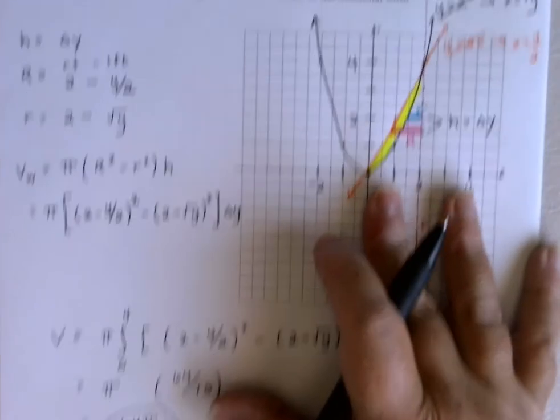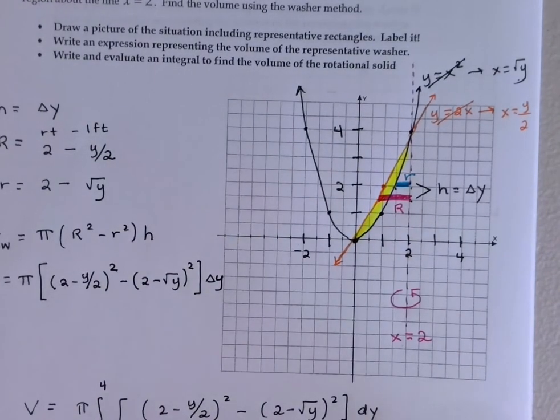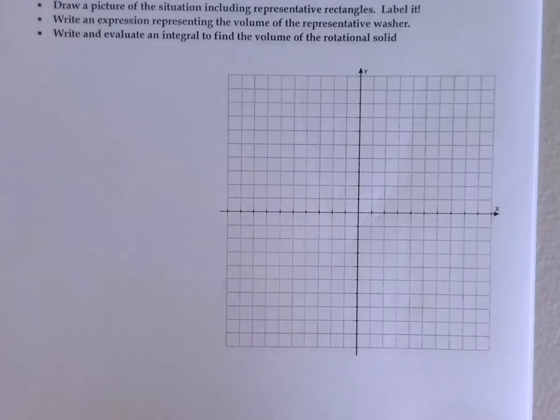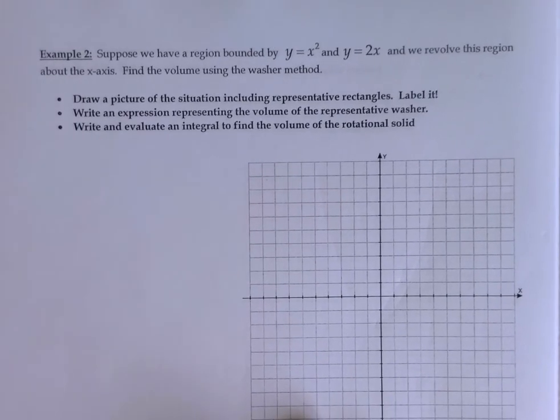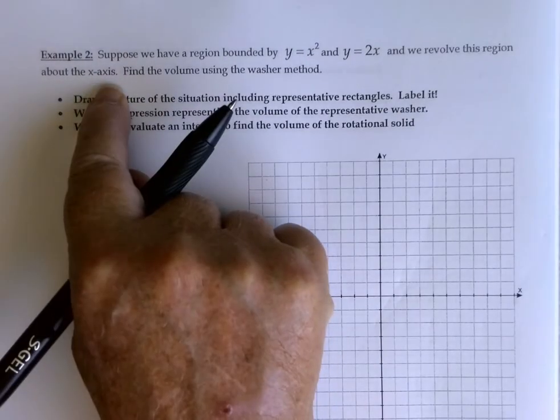All right. Apologize, I'm probably going to make you sick of this shape, but we're going to stick with it for another problem or two. In the next problem, we once again have our same region bounded by y equals x squared and y equals 2x. But this time, we're going to revolve the region around the x-axis.